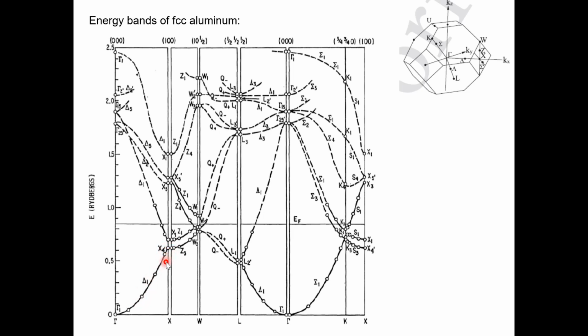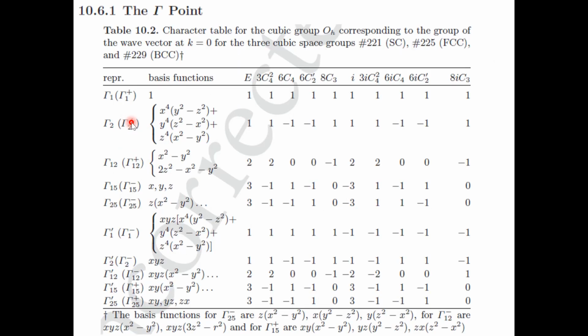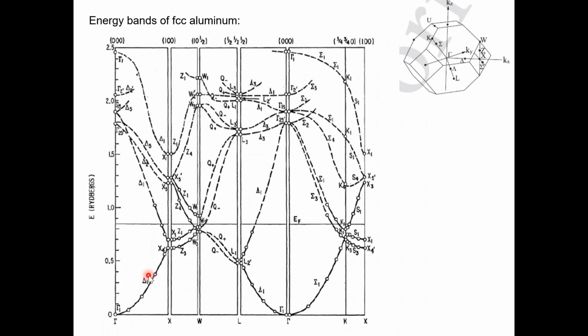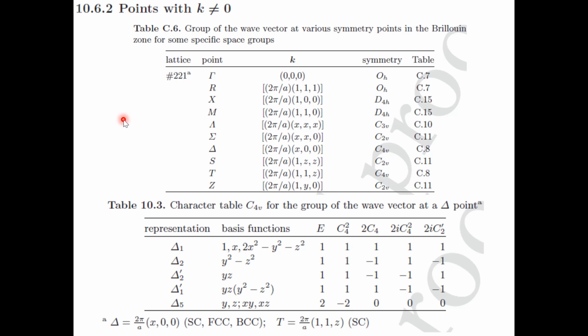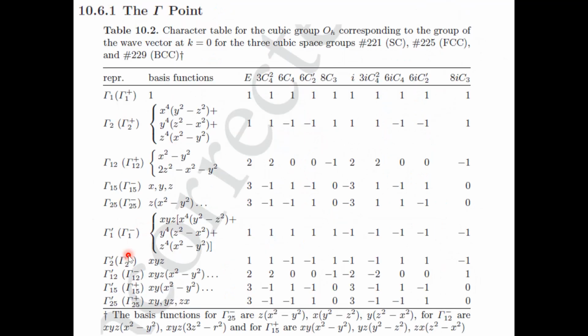at the X point. But for instance, gamma 2, 5, what is gamma 2, 5? Gamma 2, 5 plus, so this is gamma 2, 5 prime, which is also gamma 2, 5 plus. And you see that this is a 3-dimensional representation, right?